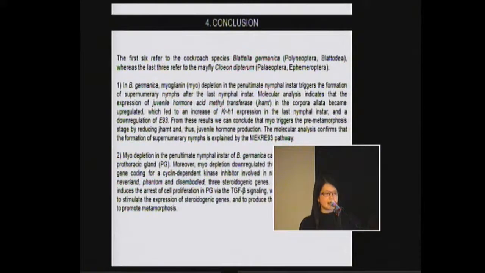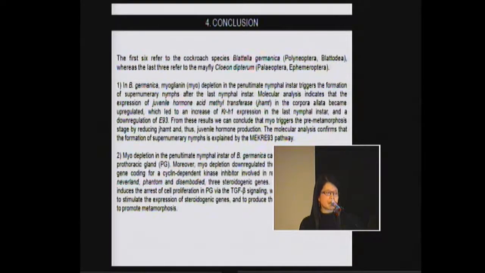Molecular analysis indicates that the expression of juvenile hormone acid methyltransferase, JHAMT, in the corpora allata became upregulated, which led to the increase of Krüppel homolog 1 expression in the last nymphal instar and a downregulation of E93.